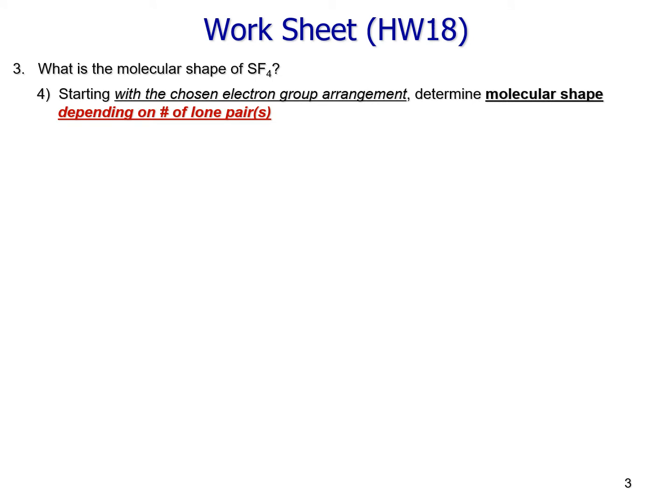This step is also equally important because we need to stick with the electron group arrangement that we choose to derive the molecular shape, depending on just how many lone pair electrons we see on the central atom.